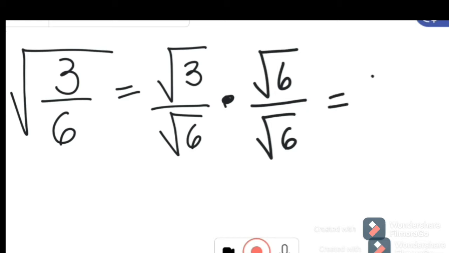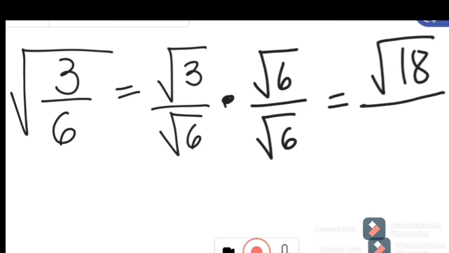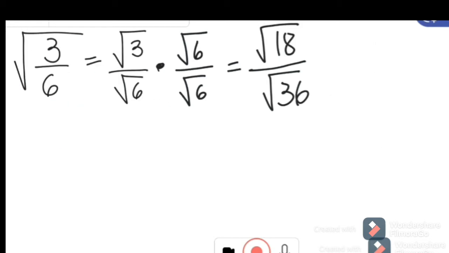Now let us proceed. 3 times 6 is the square root of 18 in the numerator, and in the denominator, the square root of 6 times the square root of 6 will be the square root of 36. The square root of 36 is now 6, correct?